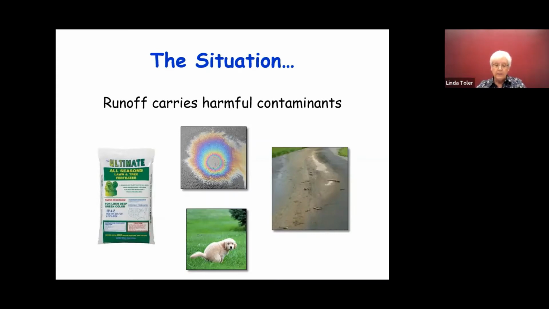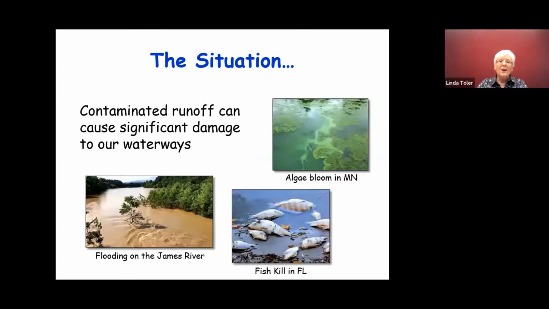And this runoff and all of the contaminants that it's carrying with it washes into our ditches and our storm drains and into our streams and eventually makes its way to our rivers and in our area into the Chesapeake Bay, where it can cause significant damage. It can harm wildlife, it can contaminate recreation areas, and it can also introduce toxins into our drinking water sources.